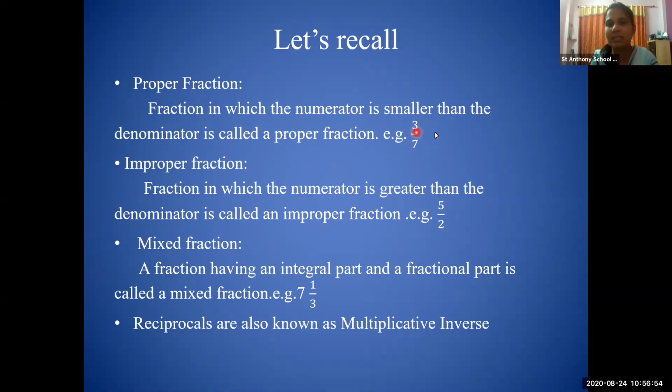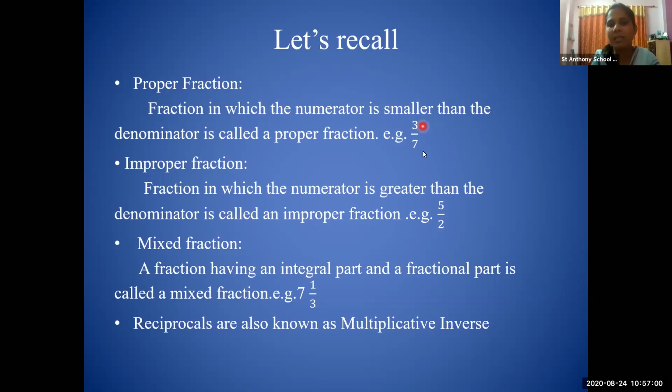In this example, 3 is smaller than 7. 3 is the numerator, and 7 is the denominator. This is known as proper fraction, where the numerator is smaller than the denominator.